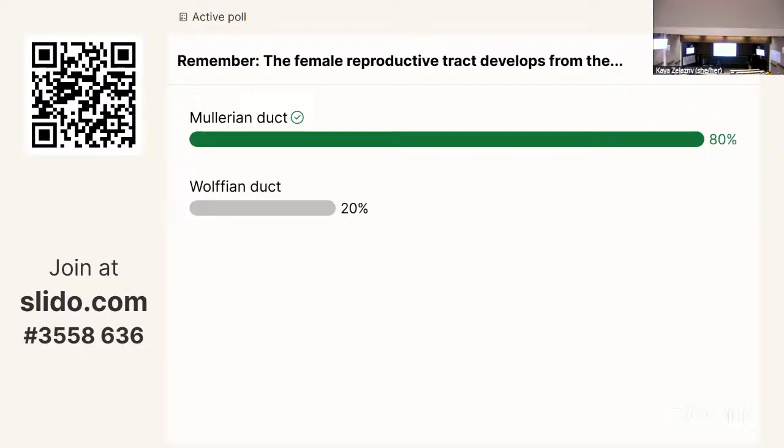Yeah. So the duct that we're thinking about when we're thinking about the female reproductive tract in development is the Müllerian duct. So this is what is going to develop in absence of appropriate signals, right? So we start out, Müllerian duct is the baseline. We have a little Wolffian duct developing alongside it. If we go towards the male reproductive tract, we needed testosterone to tell the Wolffian tract to continue developing.